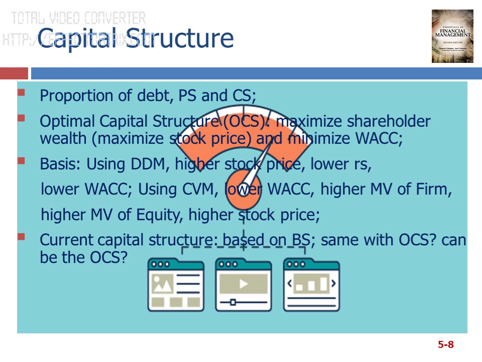The answer is no, because the optimal capital structure considers other factors which will give you the ultimate goal, which is shareholder value. But can the current capital structure be the same as the optimal capital structure? The answer is definitely yes, on the assumption that your current structure, the structure in your balance sheet, is your optimal, based on the criteria of the company in determining its optimal capital structure.